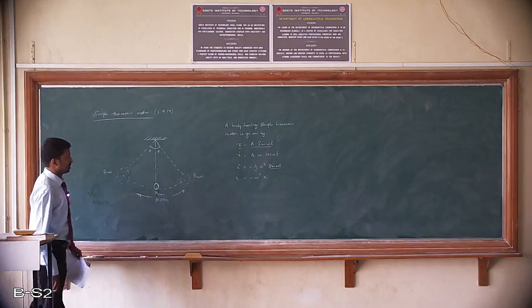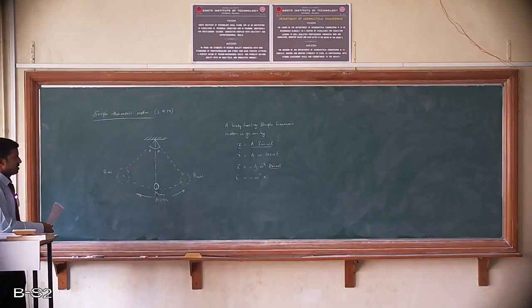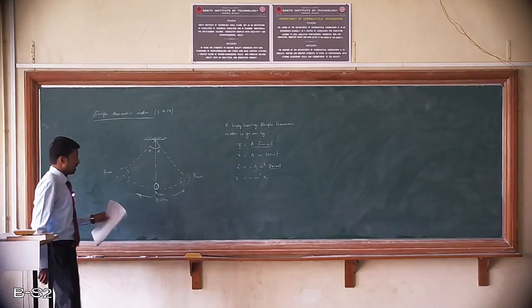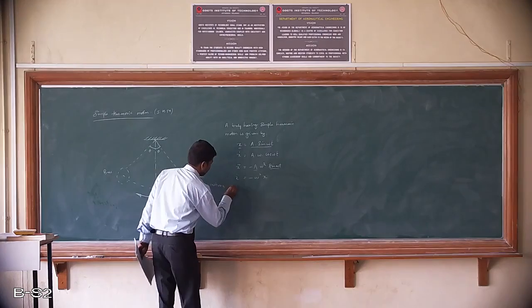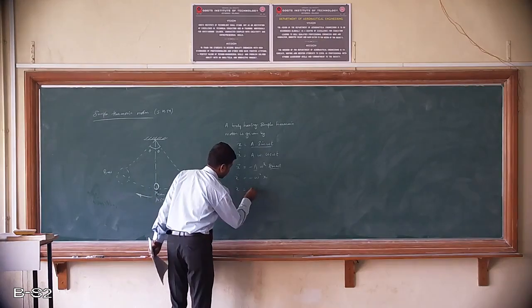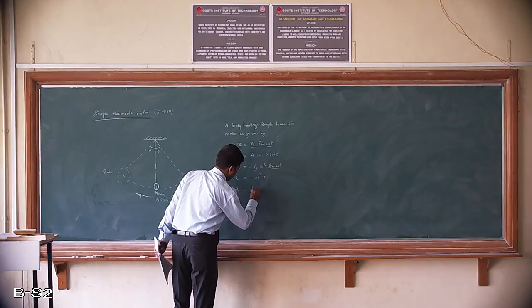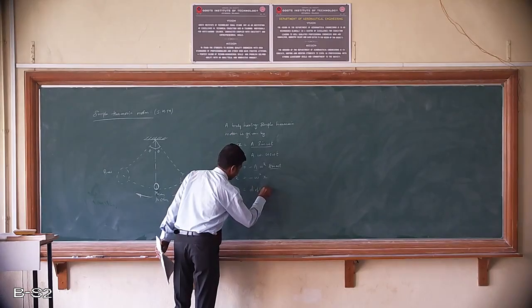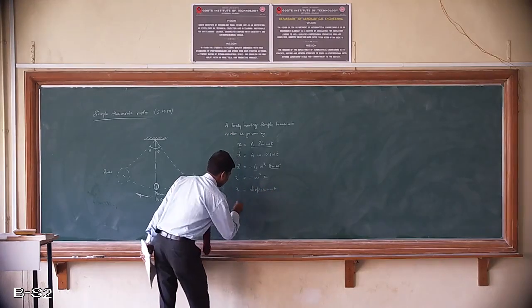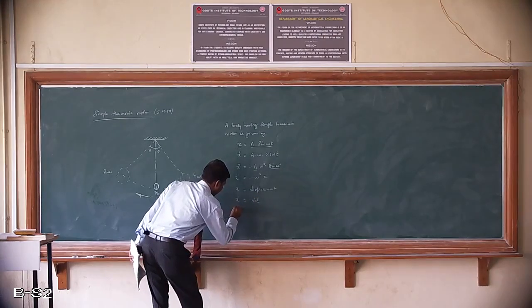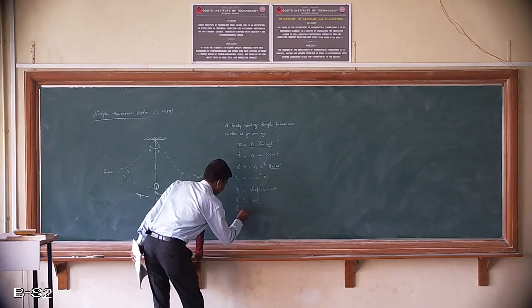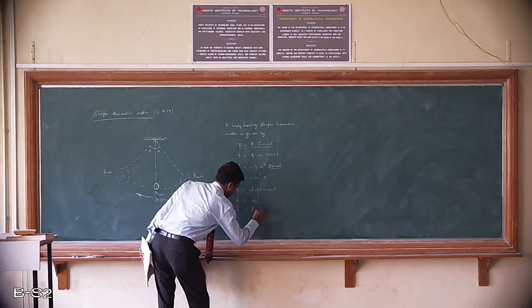So x double dot, that is the acceleration, is given by minus omega square x, where x is displacement, x dot is velocity, and x double dot is acceleration.